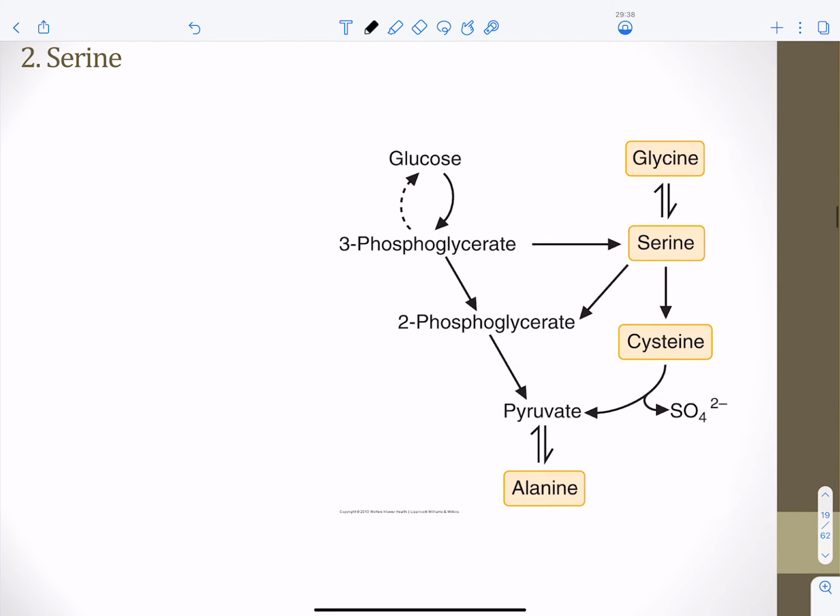All right, next up is our serine. Our serine is going to come in through our 3-phosphoglycerate. So we have, of course, our 3-phosphoglycerate dehydrogenase.